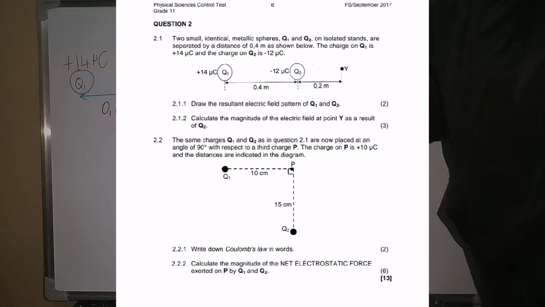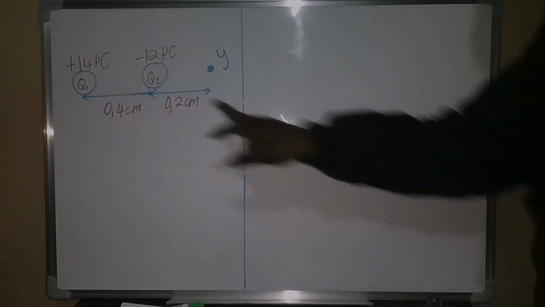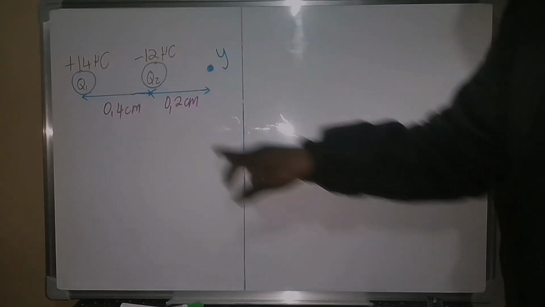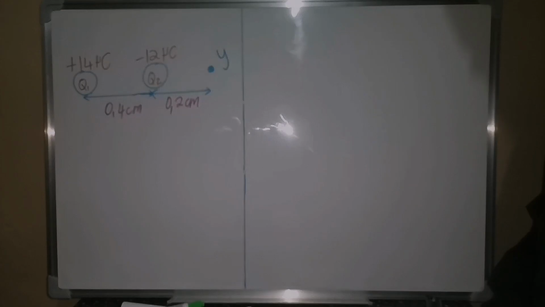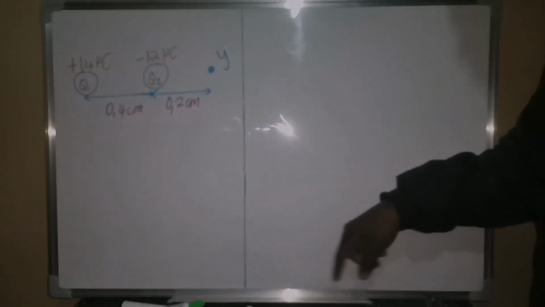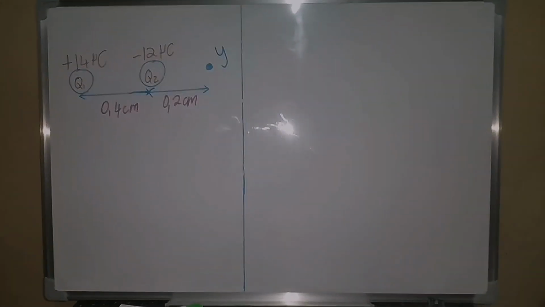Q2 and point Y are separated by 0.2 meter. Q1 is plus 14 microcoulomb and Q2 is negative 12 microcoulomb.